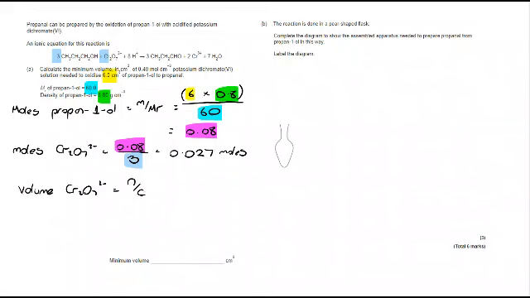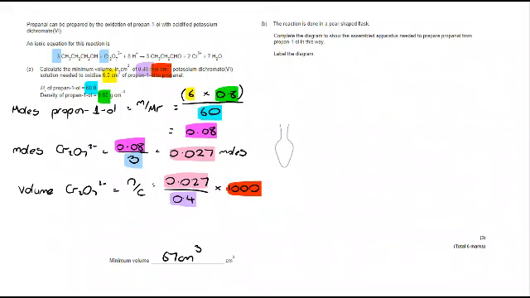We're going to do number of moles divided by concentration. We have the moles, 0.027, and again, taking it directly from the question, we know the concentration was 0.4 mol dm⁻³, allowing us to see that we have a volume. Converting into cm³ as well, so multiplied by 1,000, we get a volume of 67 cm³.